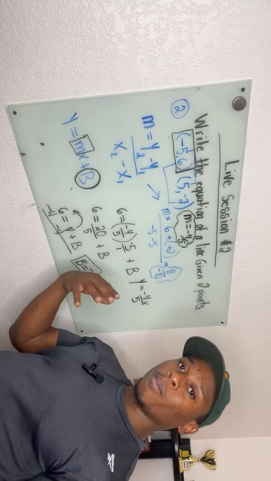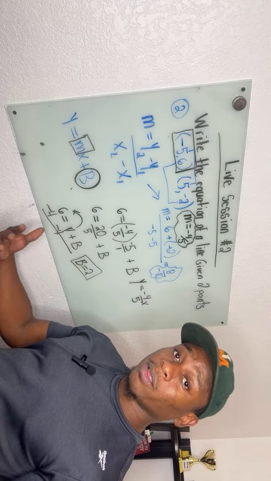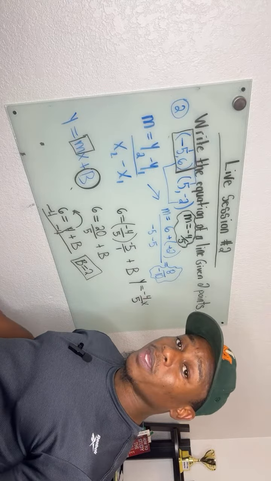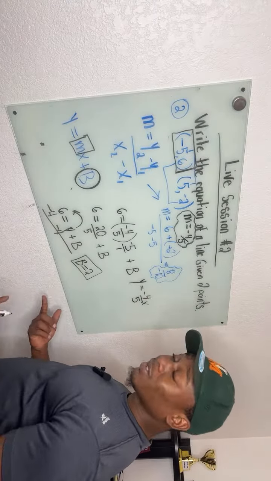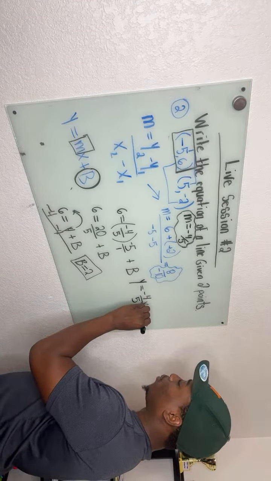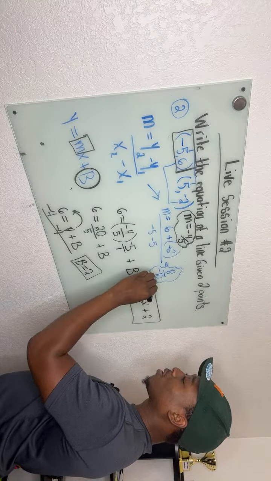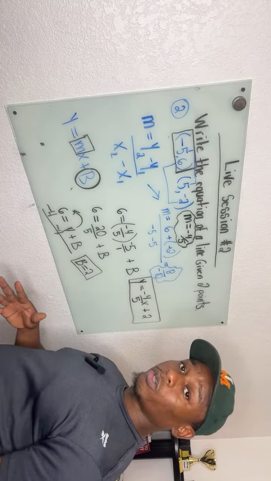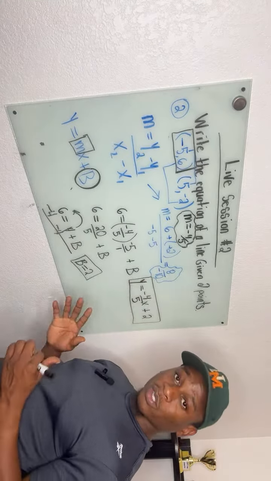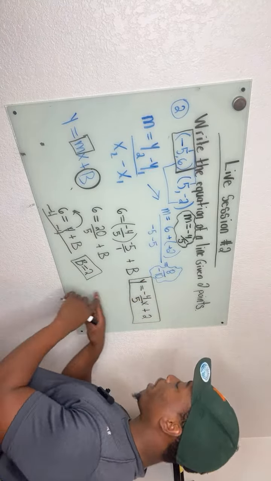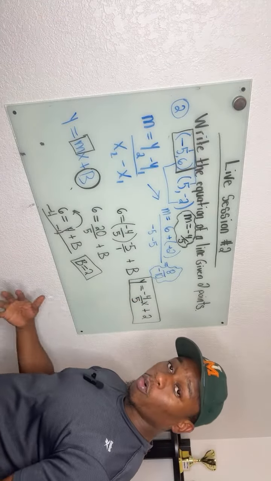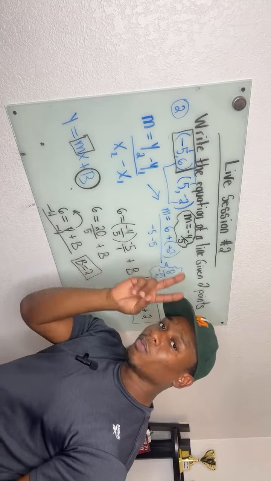Then we're going to plus, add, or subtract the y-intercept depending on its sign. So since this is a +2, we're just going to put +2 at the end. So once we solve and we get the equation for the line that passes through these 2 points, we would have y is equal to -4 over 5x plus 2.